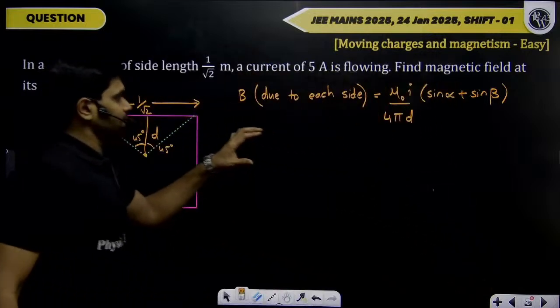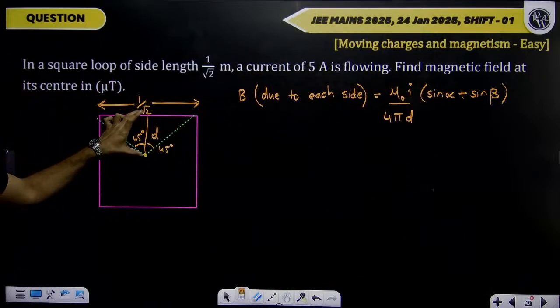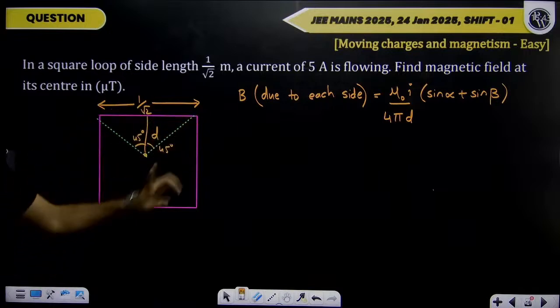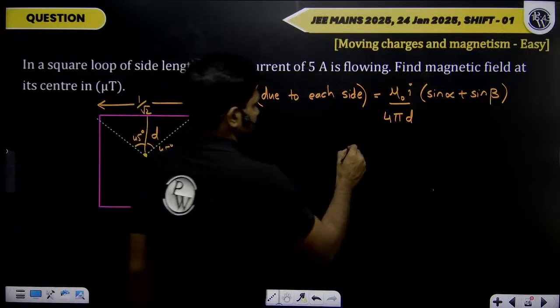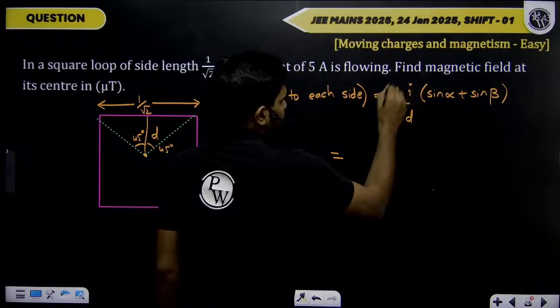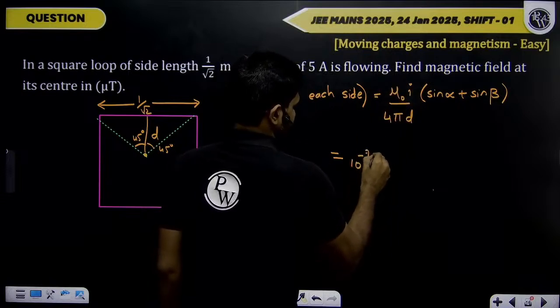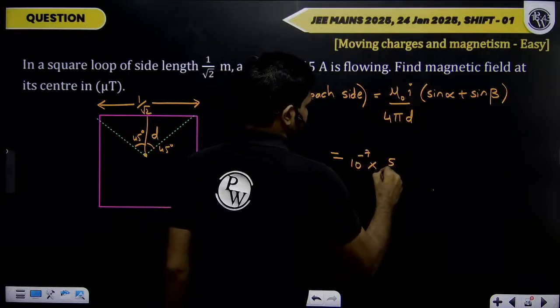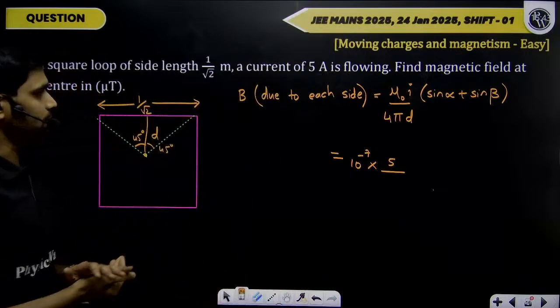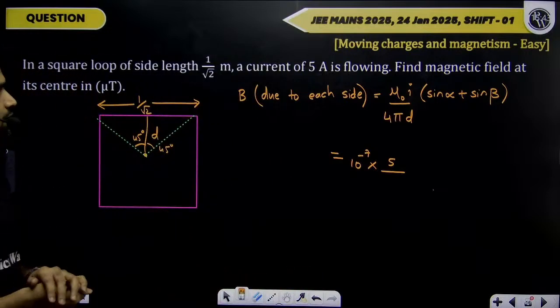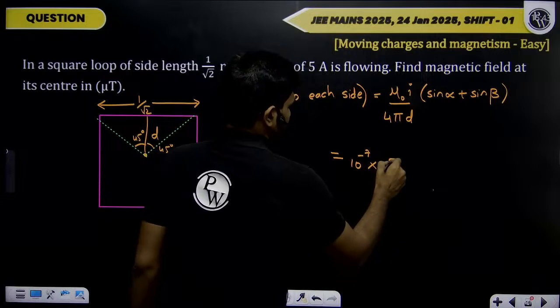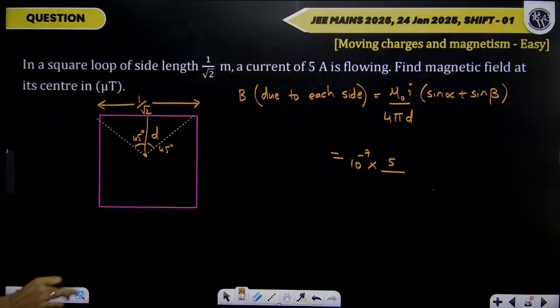And what is the d value? D value is half of 1/√2. Let us substitute them. Mu naught by 4 pi is how much? 10 power minus 7. I is 5 ampere. And distance is 1/2√2.